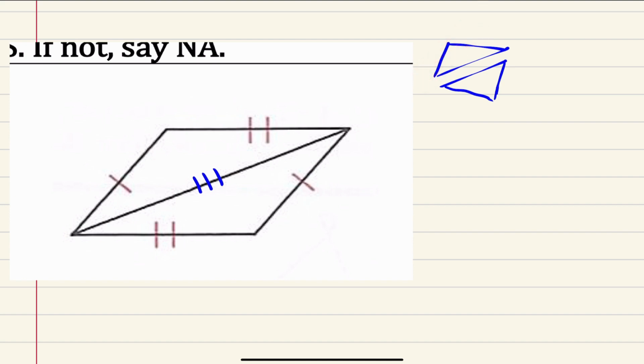So let me go ahead and start labeling things. So we're dealing with tick marks, 1 tick mark here, 1 tick mark here. So they correspond. So these sides deserve an S. 2 tick marks here, 2 tick marks here. So they deserve a little S for both of them. And then here, this triangle deserves an S. This triangle deserves an S. So why did I write 2 S's here?